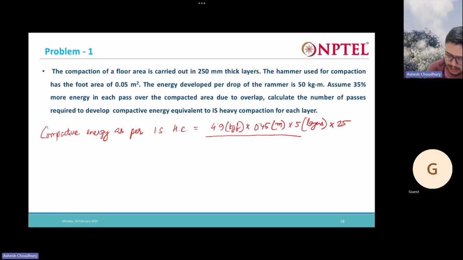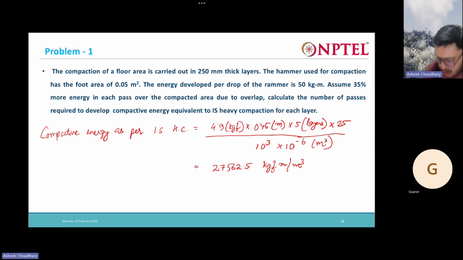This divided by the volume, 1000 cc, that is 1000 centimeter cubes, that I am converting to meter cube. That I will get 2756.25 kg force meter per meter cube.